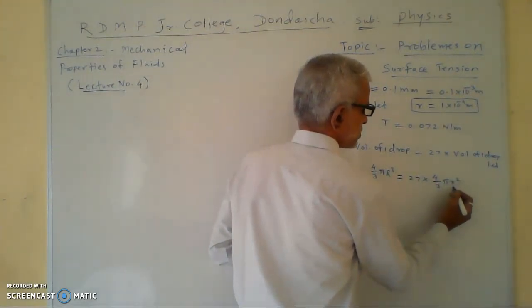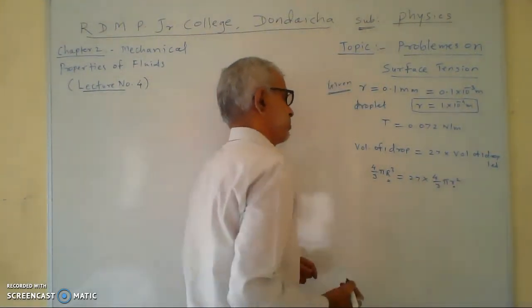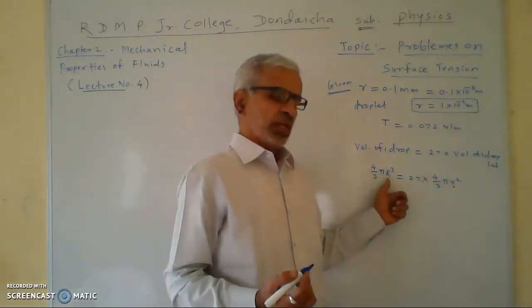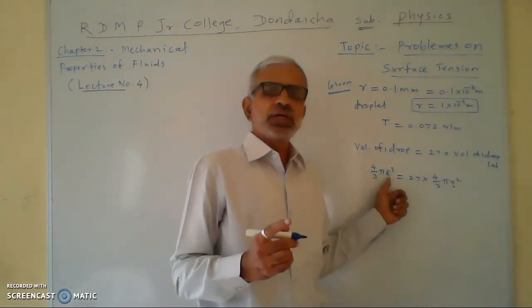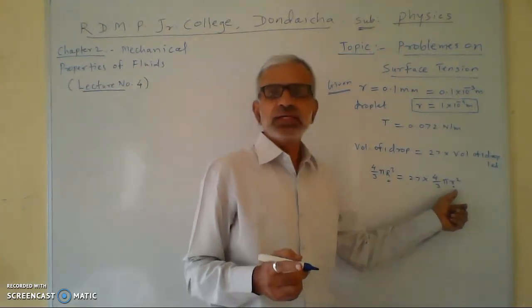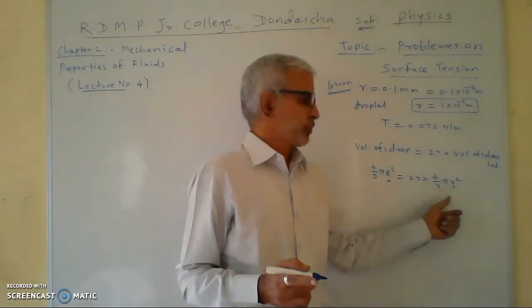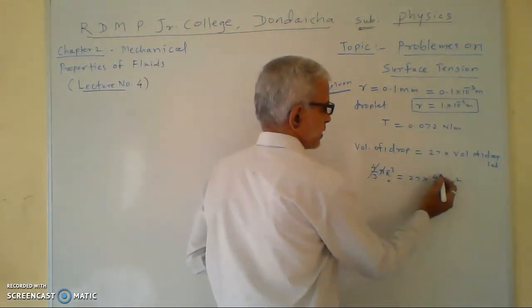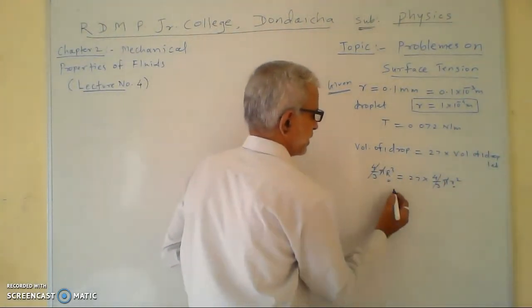Here this is small r and this is capital R we are using. This is capital R, the radius of the drop. Small r is the radius of the droplet. Now here 4 upon 3 and pi cancel.